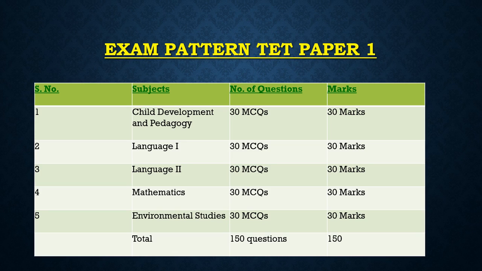So the exam pattern consists of number 1, child development and pedagogy, number 2, language 1, number 3 is language 2, and number 4 is mathematics, with number 5 as environmental studies.